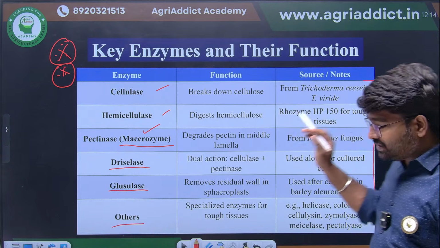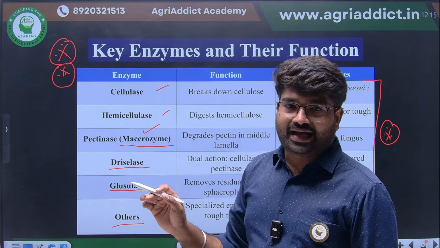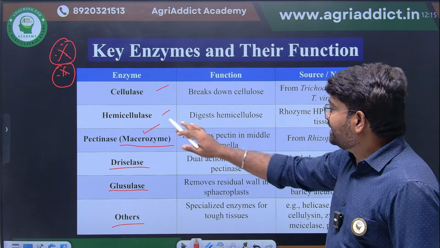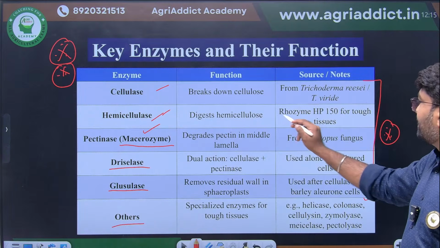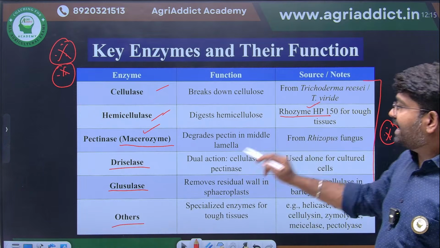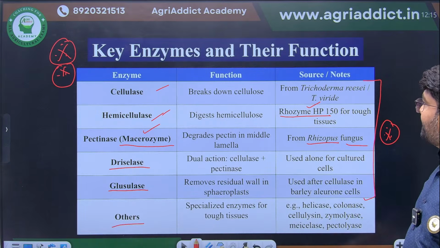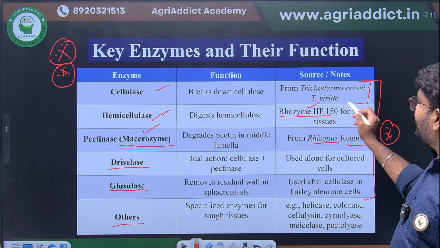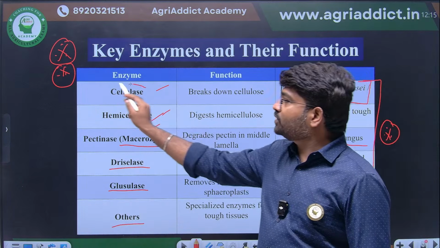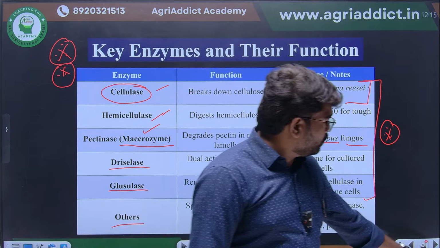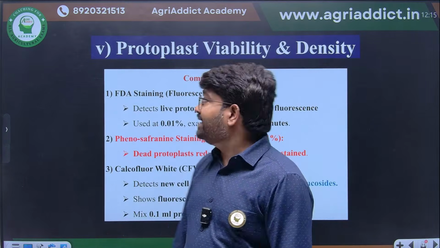This objective question has been asked once. For example, the hemicellulase source is Rhizopus, Rhozyme HP. Pectinase or macerozyme comes from Rhizopus fungus. Trichoderma viride or Trichoderma reesei is the primary source for cellulase. You have to be very clear about this.